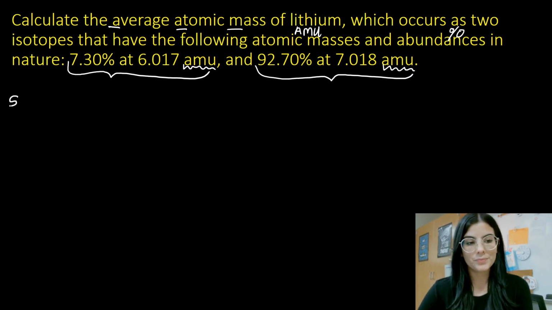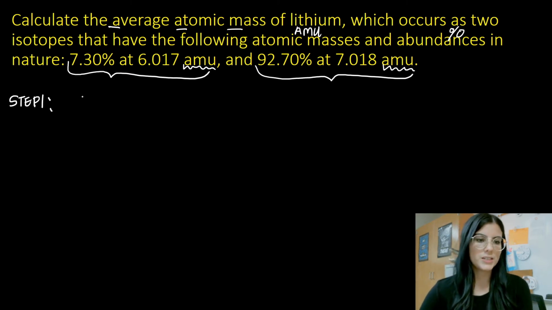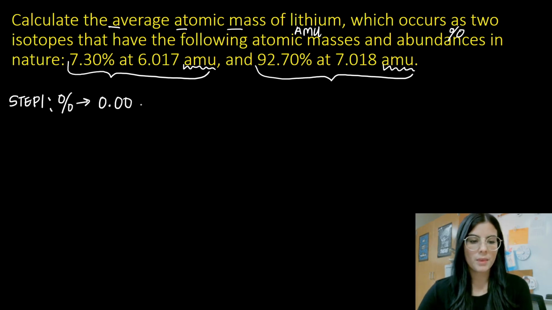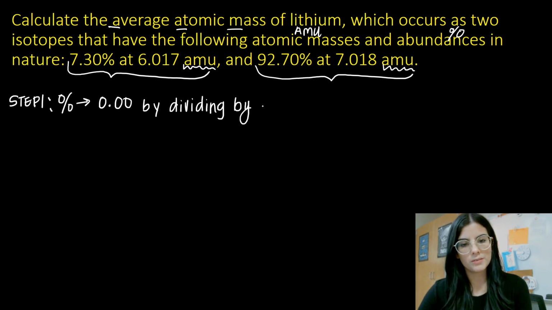Step 1 is to convert your percentages to decimals by dividing by 100.